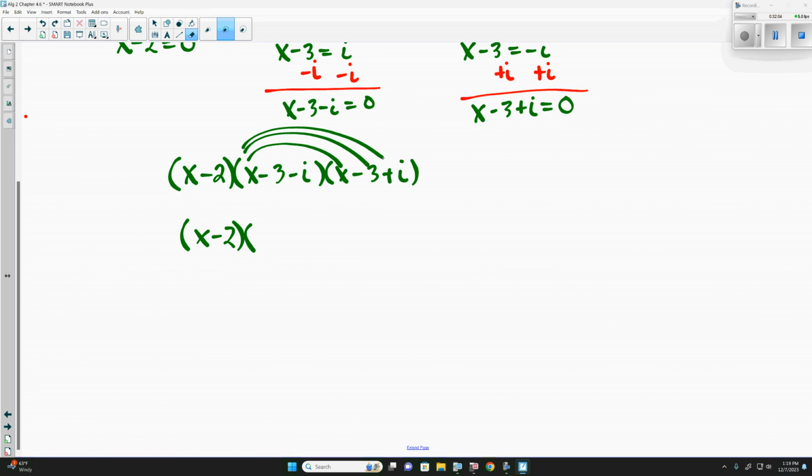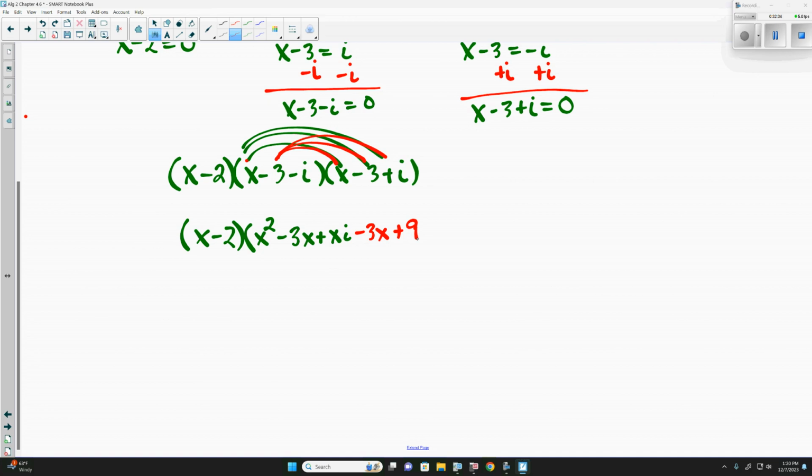x times x would be x squared. Our x times negative 3 is negative 3x. And x times i is plus xi. Now we're going to do the same thing with negative 3. Negative 3 times x is negative 3x. Negative 3 times negative 3 would be plus 9.